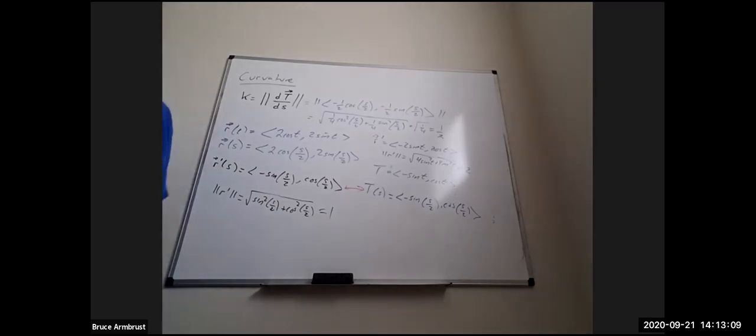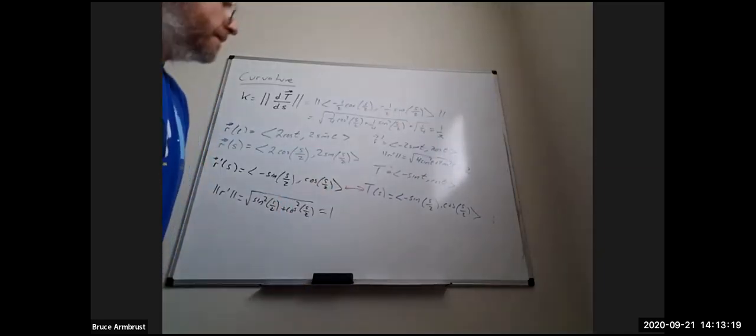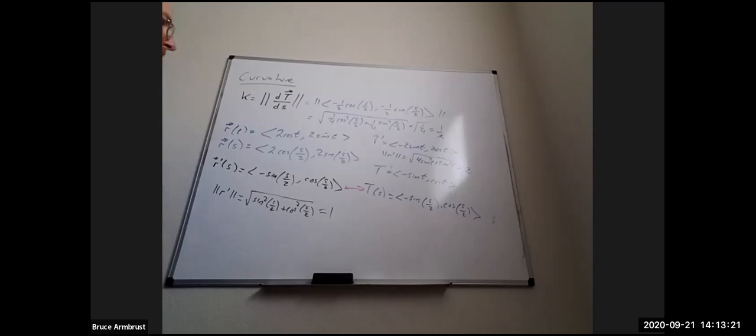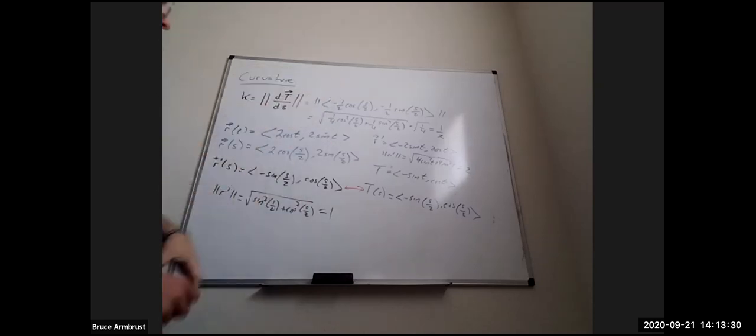Bruce, could you repeat how you got the vector negative 1/2 cosine of s over 2, negative 1/2 sine of s over 2? This part right here? Yeah. Where did you get that?